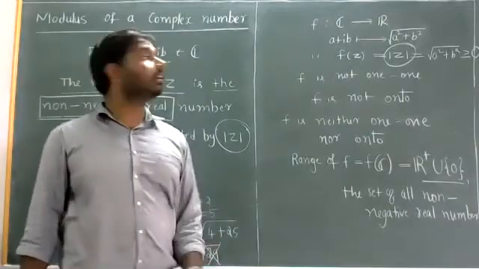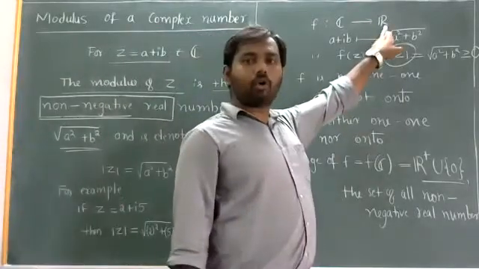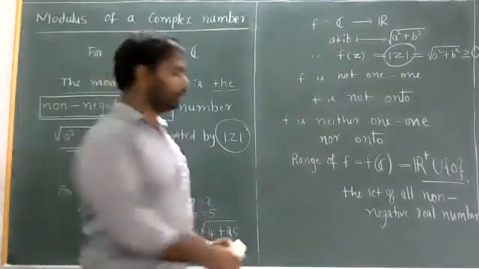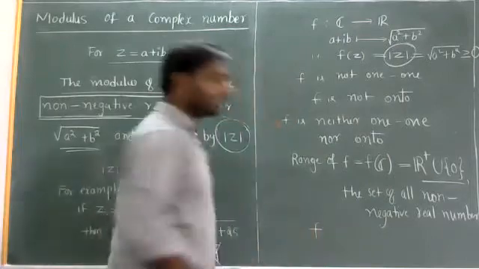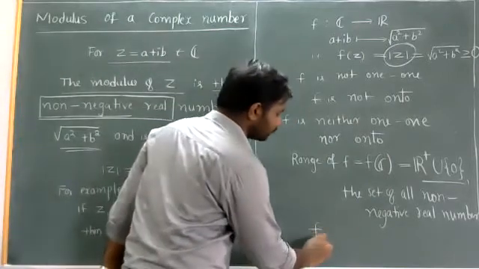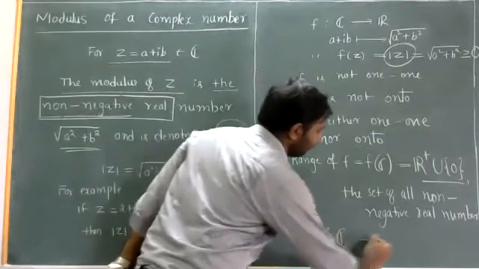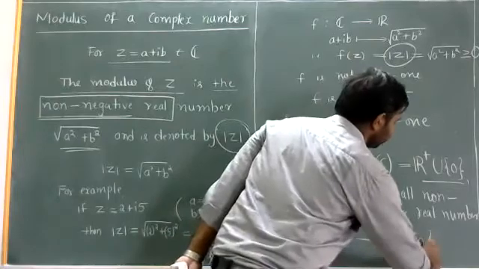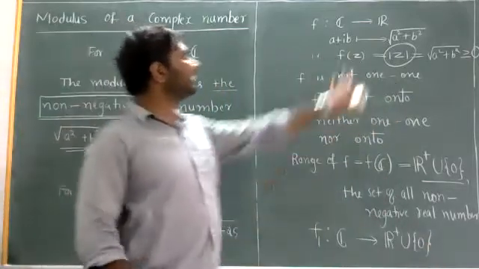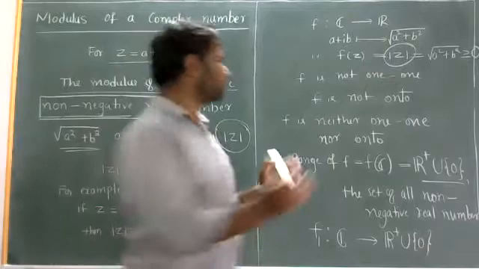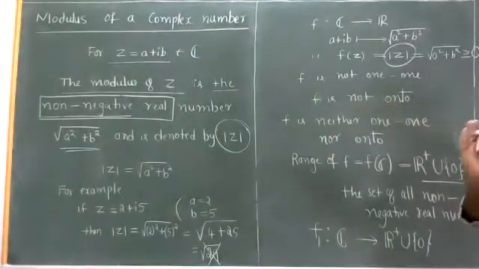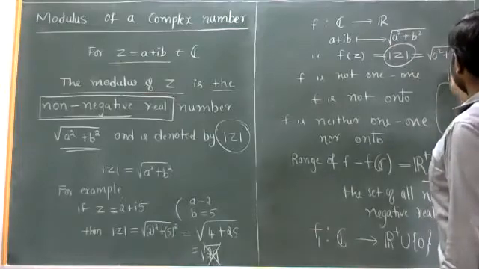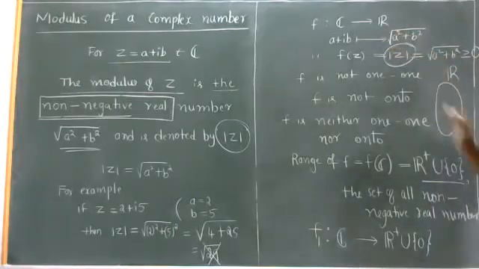And you know that if you replace the codomain by the range of f, the function will be onto. So if I consider another function, suppose f1 from C onto R plus union the singleton set {0}, with the same definition, what I am doing is just restricting the codomain. Actually, the codomain is R, just I am restricting it.